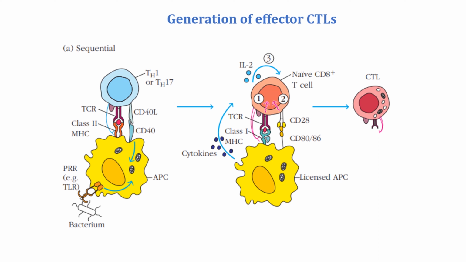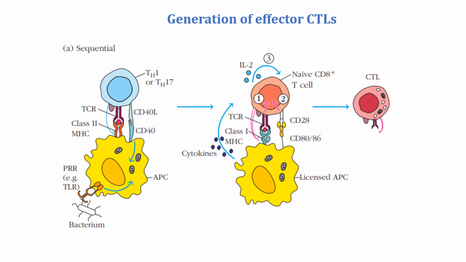Second, licensing. Once the APC is licensed, then they express class 1 MHC molecules. So the CTL must bind to the MHC class 1 peptides and co-stimulatory ligands on the licensed antigen presenting cell, CD80, 86 and CD28, which also bind with them.